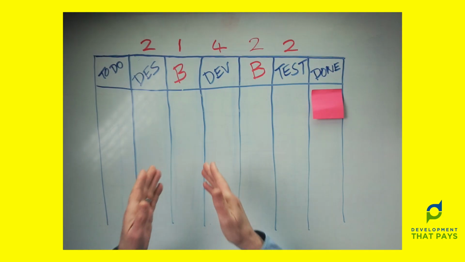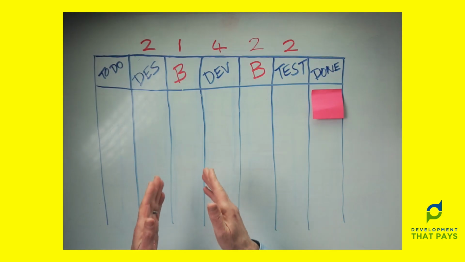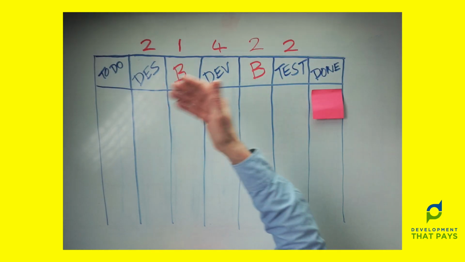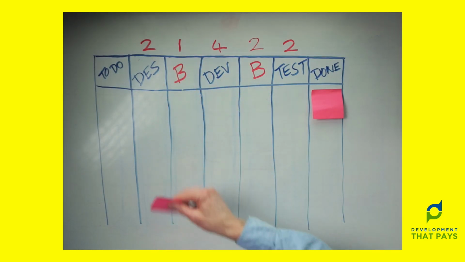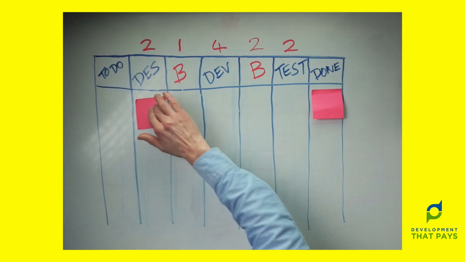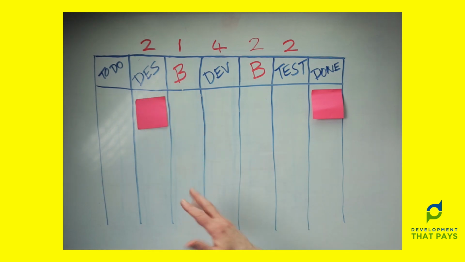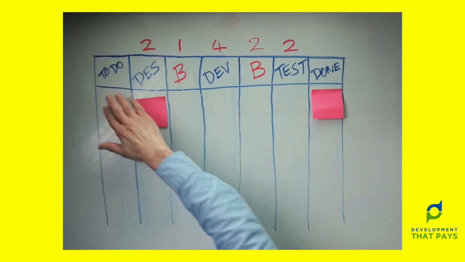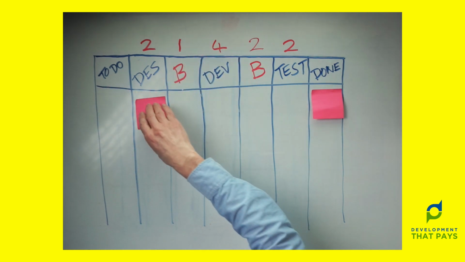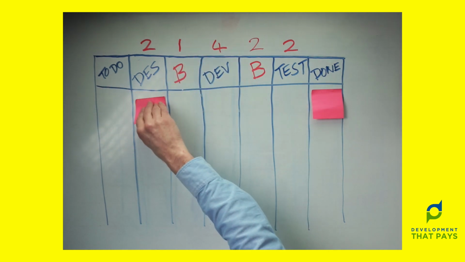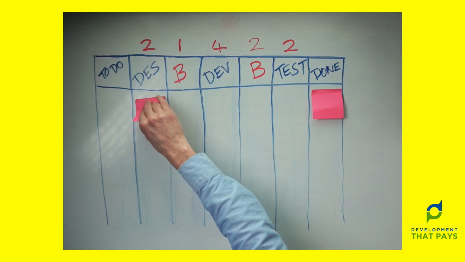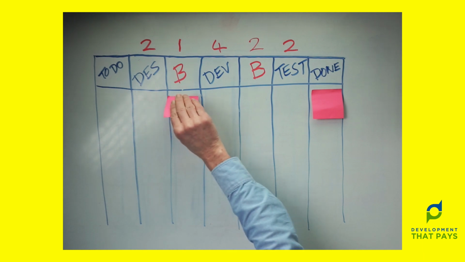But to do that, we need to figure out who owns these new columns, who owns these buffer columns. So is this column owned by design or is it owned by dev? And the answer to that comes down to a question of control. When design has pulled in, and that's fair and proper, and when design is finished, it needs a place to put it, and it moves it over here.